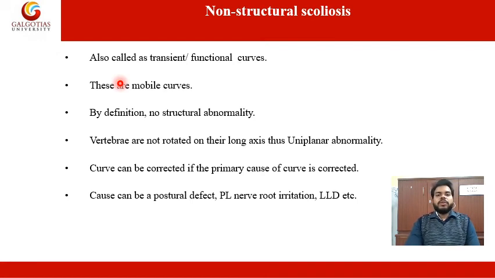Non-structural scoliosis is also called transient or the functional curve. These are the mobile curves. By the definition, no structural abnormalities are there. Vertebrae are not rotated on their long axis. Thus, the uniplanar abnormality curves can be corrected if the cause of the curve is corrected. Cause can be postural defect, peripheral nerve root irritation, limb length discrepancy.